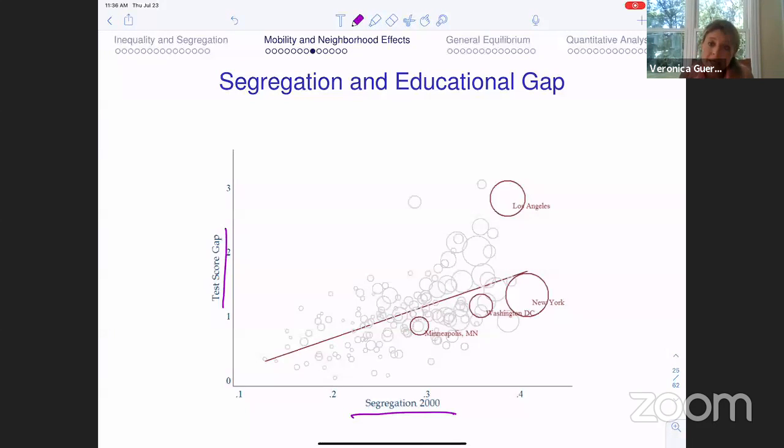Okay, which is again another way of looking at the data to tell us that residential segregation by income is actually related to disparity in educational attainment, which is going to become basically intergenerational immobility going forward, because typically school attainment and grades are going to be related to the income of the children when they grow up.